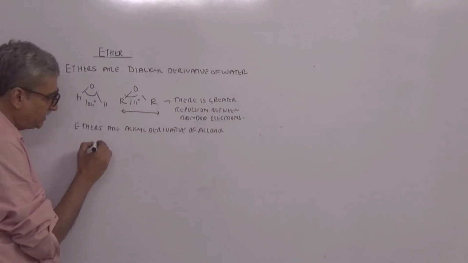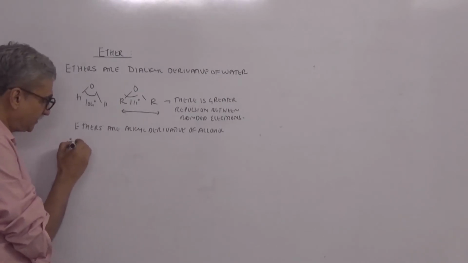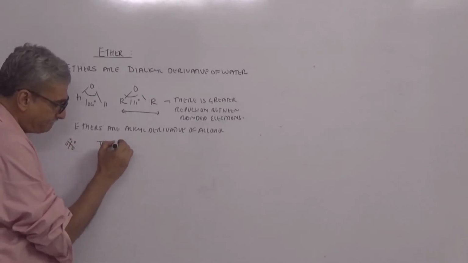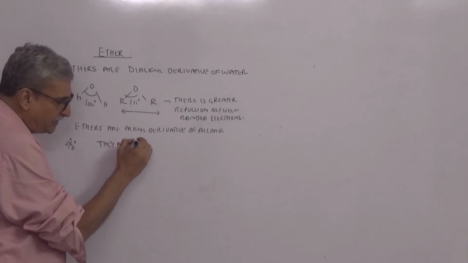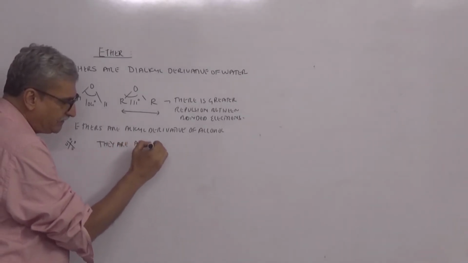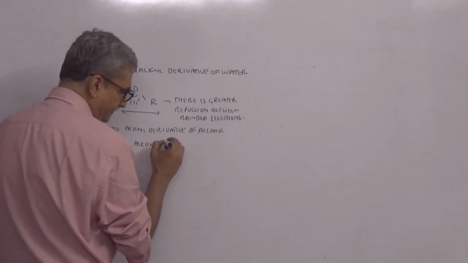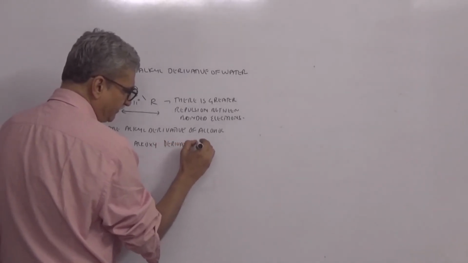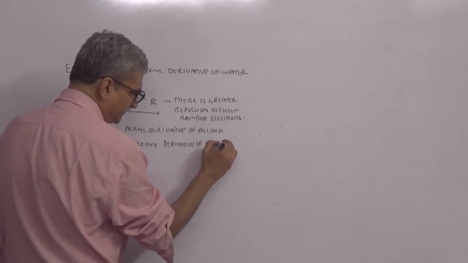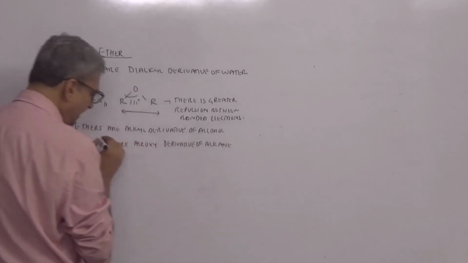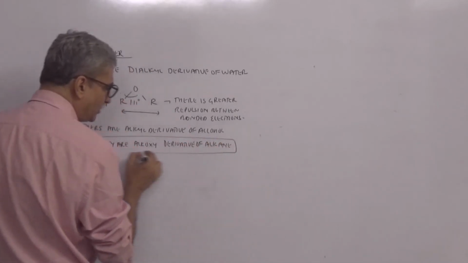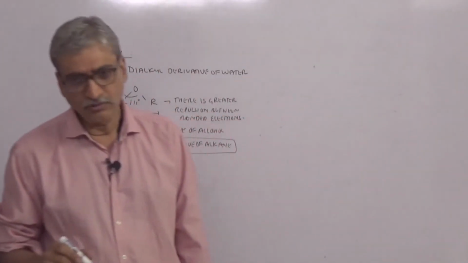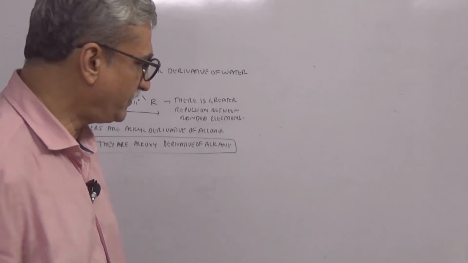Then the next one is the most important one, because this is the basis of the nomenclature: they are alkoxy derivative of alkane. So this is an important definition, and even in the board, if they ask what are ethers, for God's sake, you always say it is alkoxy derivative of alkane.